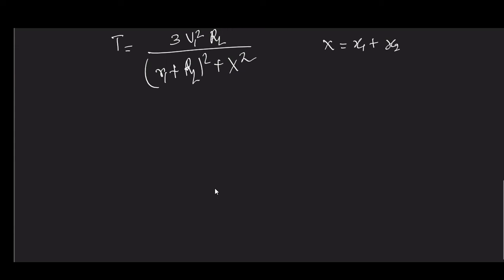Now our objective is to solve this equation for dT/dRL equal to 0 and then find out the value of RL.